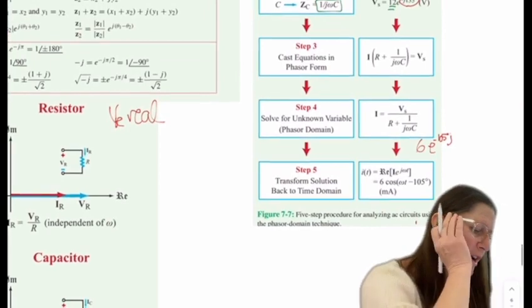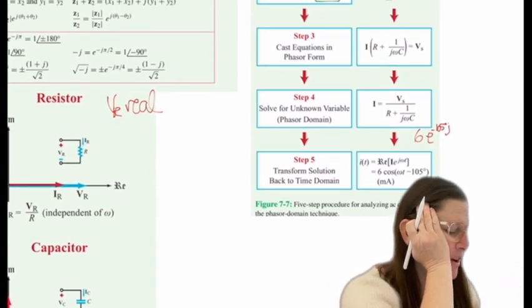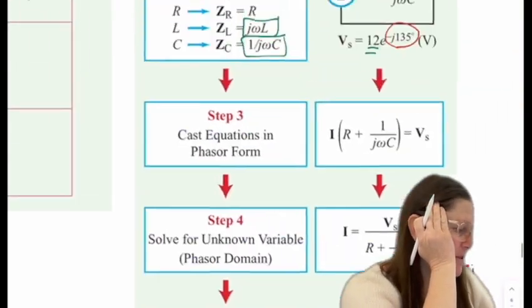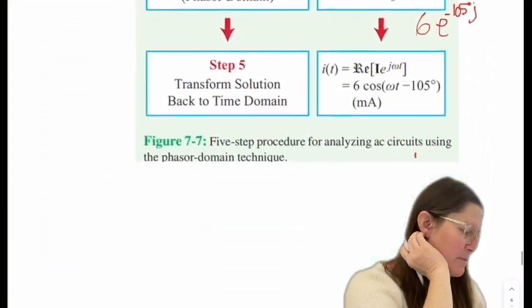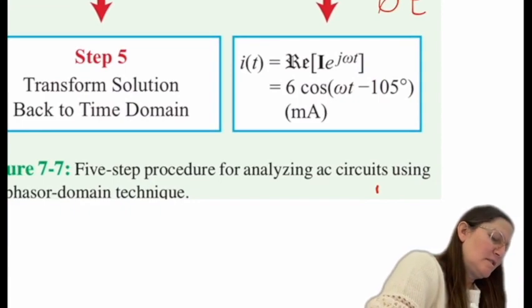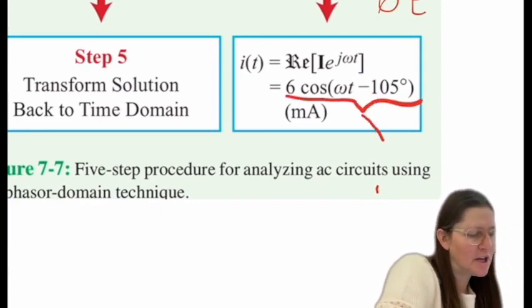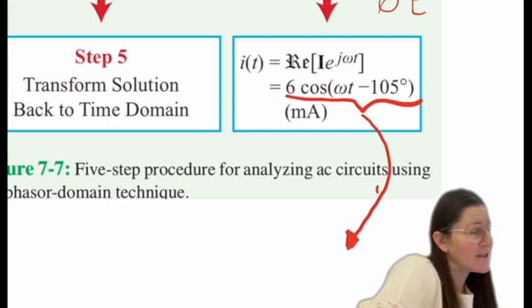So remember back to phasors. You can rewrite, for a phasor, you can take the amplitude. This doesn't have a very good description, but 6 cosine omega t, that's the time domain of it.